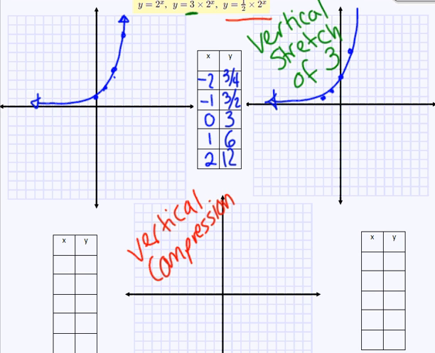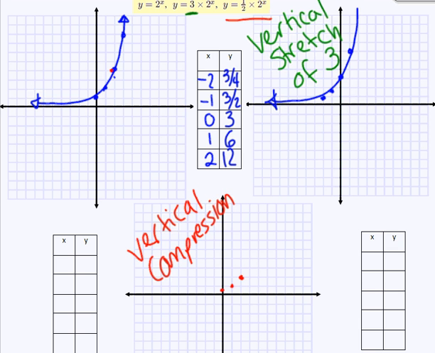So for 2 to the x, every y value is just going to be multiplied by 1/2. So the x value will stay the same. Instead of 0, 1, we'll have 0, 1/2. Instead of 1, 2, we'll have 1, 1. Instead of 2, 4, this point here, we'll have 2, 2. Half of 4 is 2.